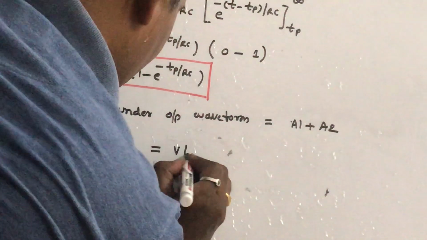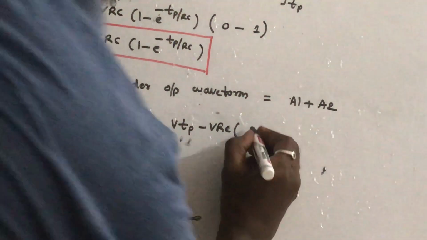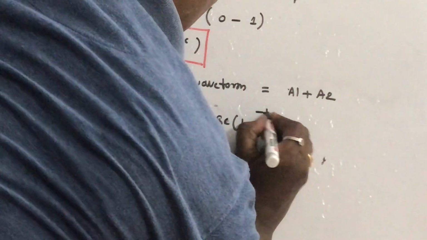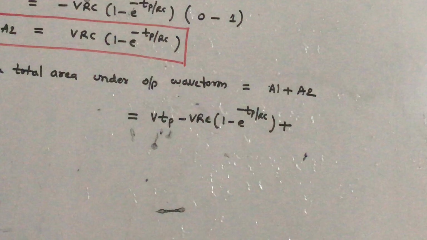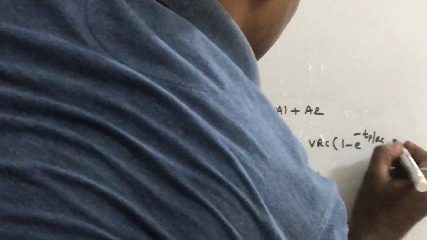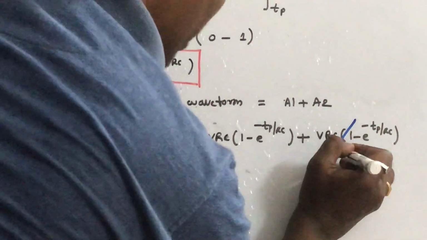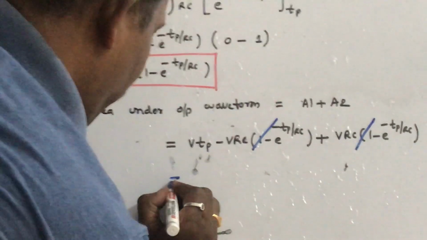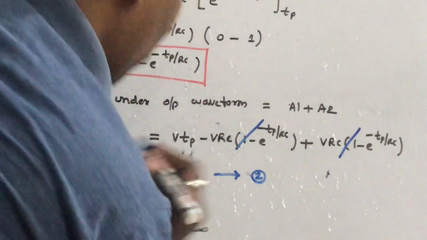VTp minus VRC into 1 minus e power minus Tp by RC, plus A2. What is A2? VRC into 1 minus e power minus Tp by RC. These two cancel out, so we get VTp. Let us call this equation 2.